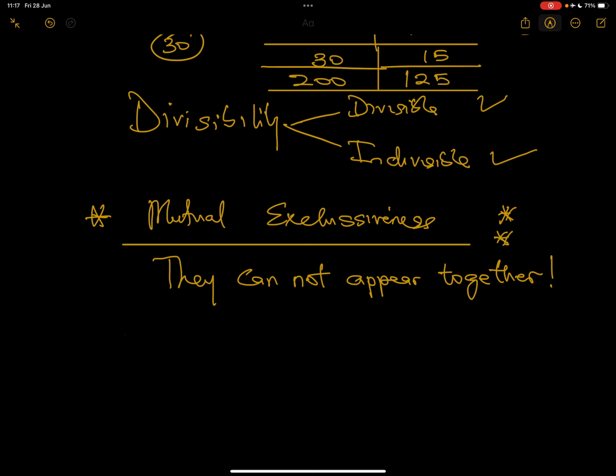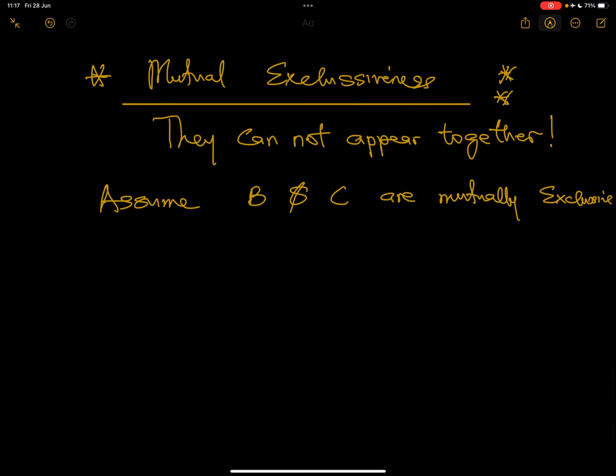Same question. Assume B and C are mutually exclusive. In that case, you will have two possibilities. There will be two groups: group B and group C, because they cannot stay together.